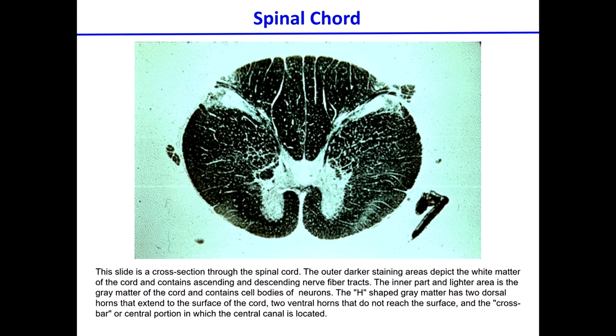Now, who thinks that the gray matter is inside and the white matter is outside? You think so? Well, whoever did the stain fooled us completely, because it is actually the other way around. This is supposed to be the white matter, and this is supposed to be the gray matter.